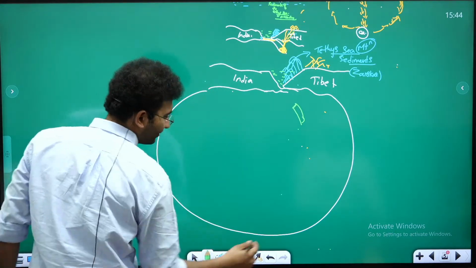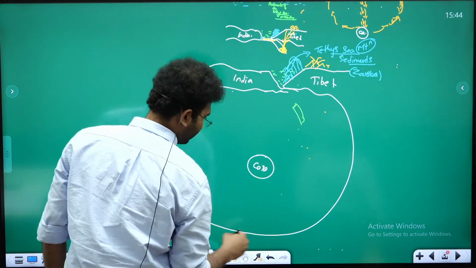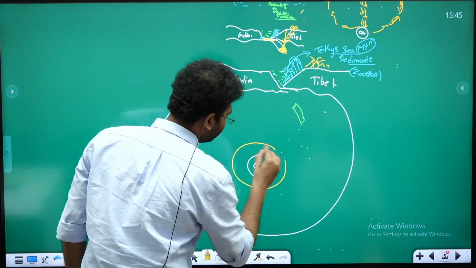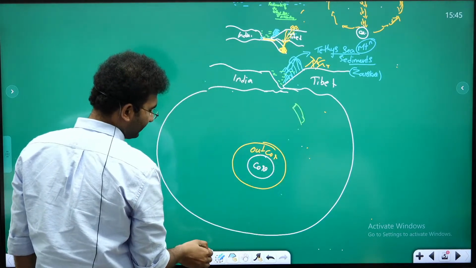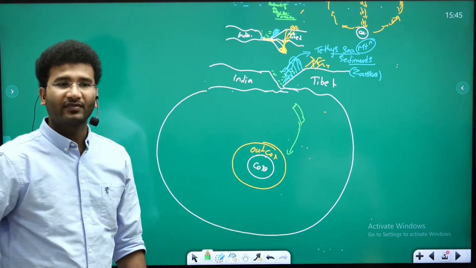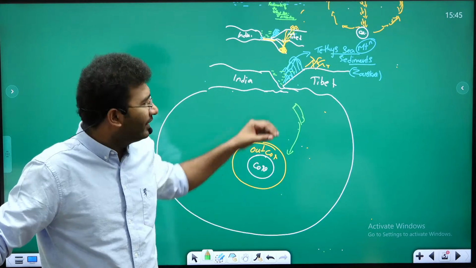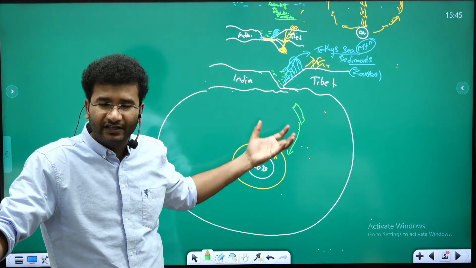So imagine this is your core and this is your outer core. Where does this material go? It finally goes to the core. Maybe while it is traveling, some part of the material might get melted.